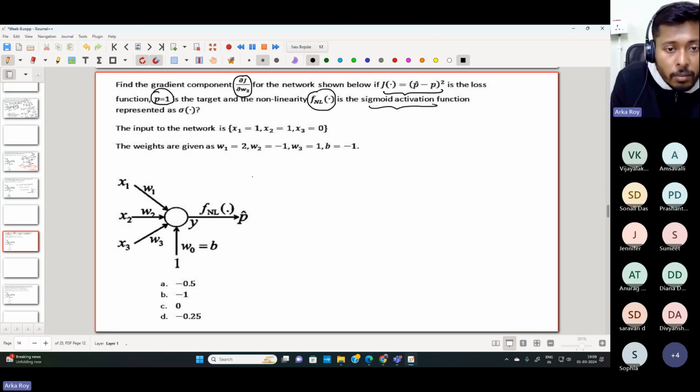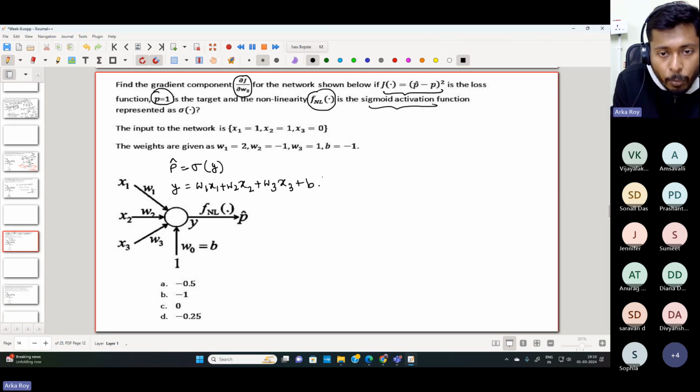So let us first write the equations for the output. Output is sigma of y, y is w1 x1 plus w2 x2 plus w3 x3 plus b, and J is (p hat minus p) whole square.